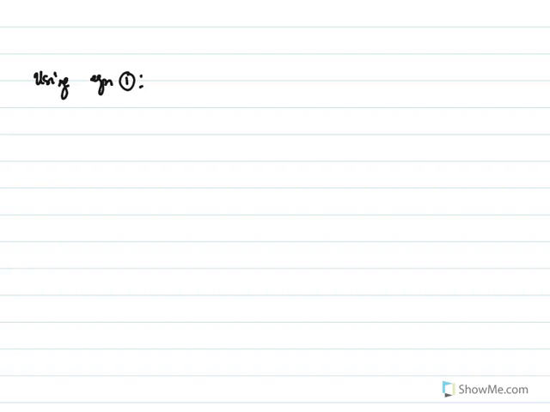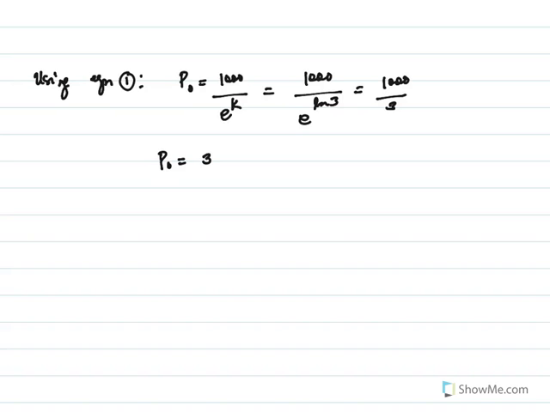Now, using equation 1 or equation 2, whichever of the two we derived earlier, we solve for P naught. So, let's say, using equation 1, which is P naught equals 1000 over e raised to k, we can have this 1000 over e raised to ln of 3, or that's 1000 over 3. So, P naught is equal to 333.33, or this is approximately equal to 333.